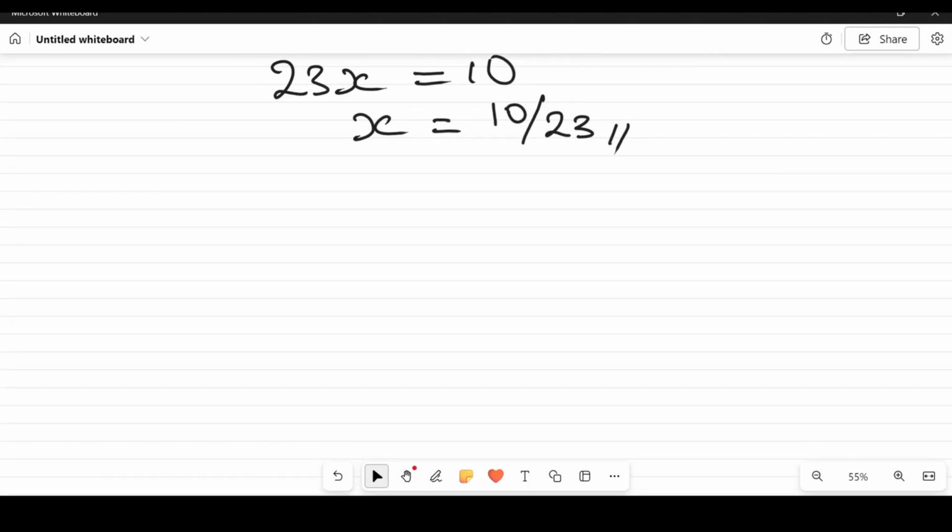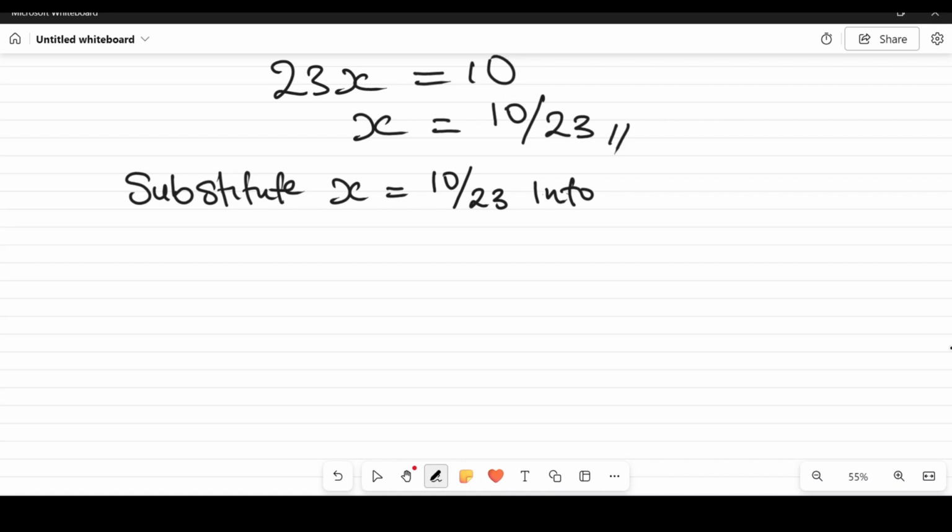Now we have obtained the value of x. To obtain the value of y, substitute x equal to 10 divided by 23 into equation 4. We have that y is equal to 9x.